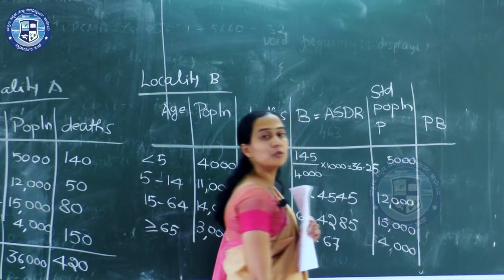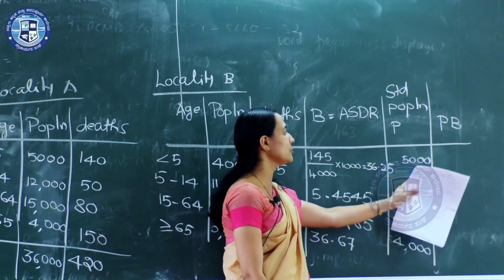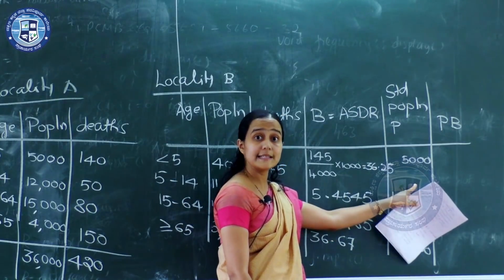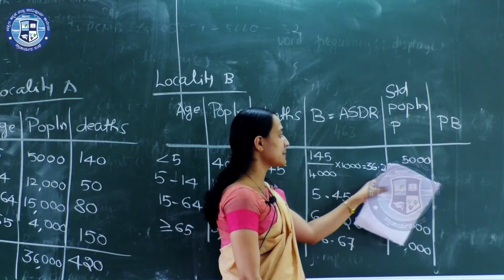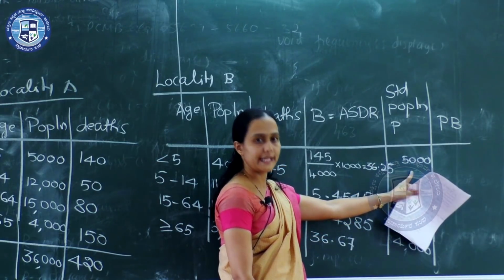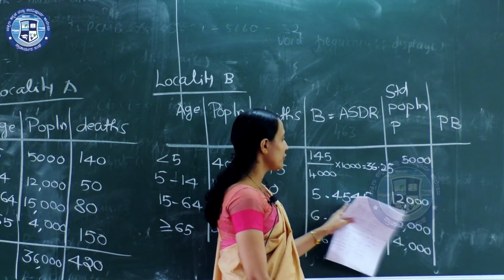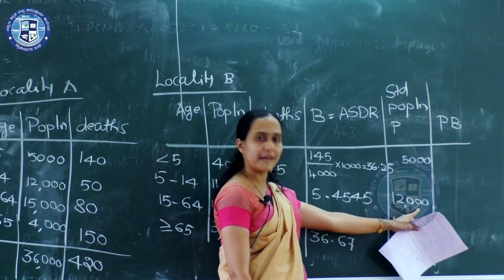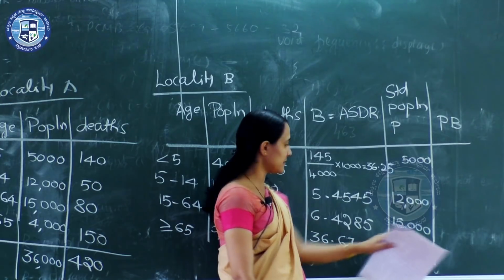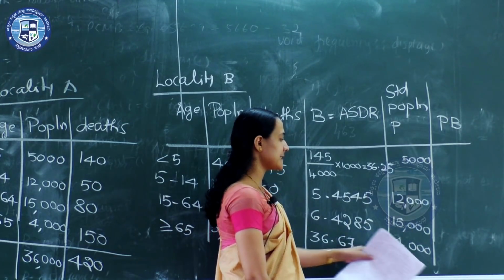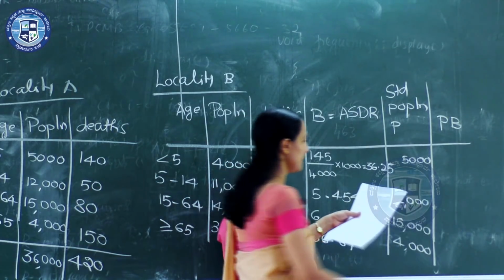Next P into B. One column for P into B, this column into ASDR column into standard population. 36.25 into 5,000, 5.4545 into 12,000, 6.4285 into 15,000. Similarly, 36.67 into 4,000.